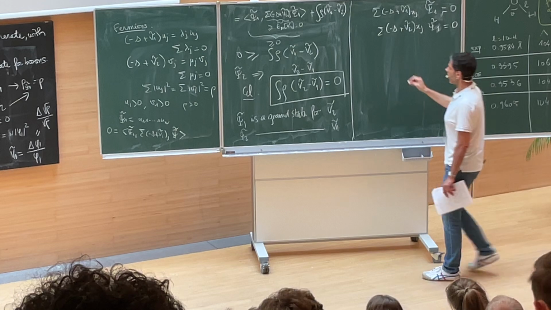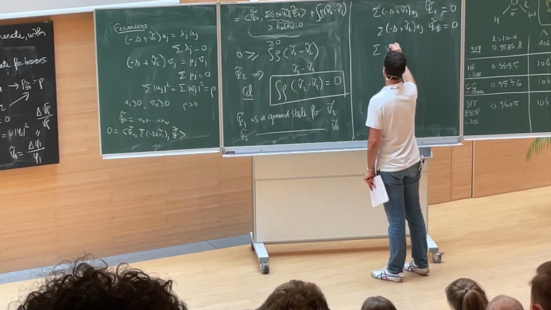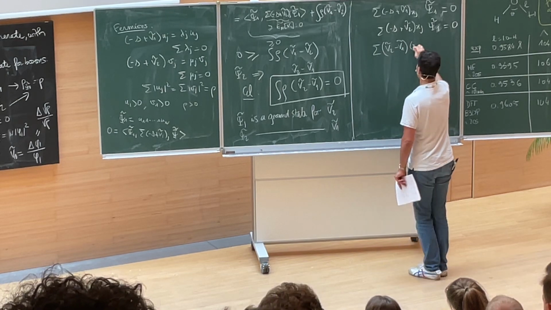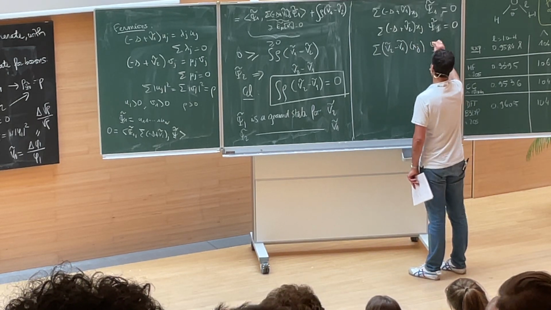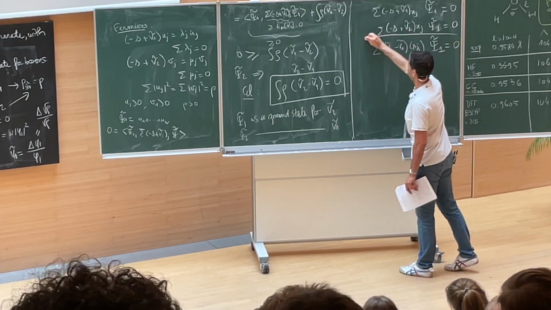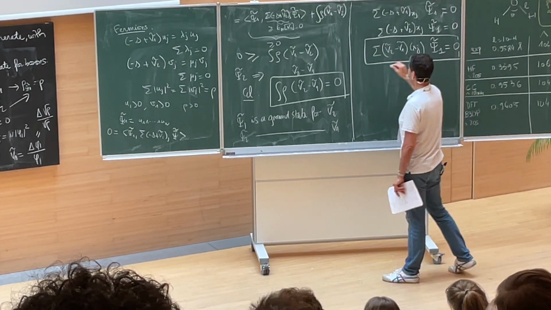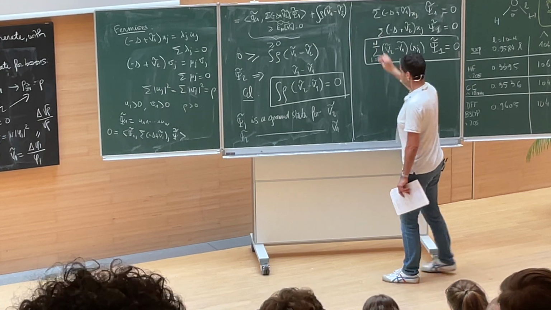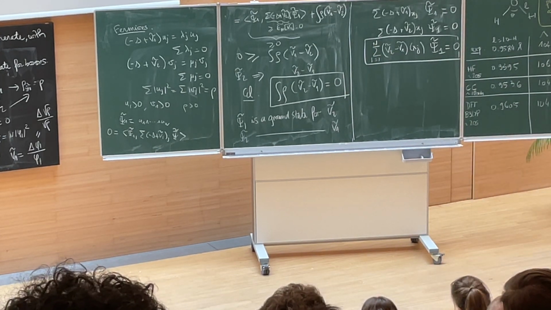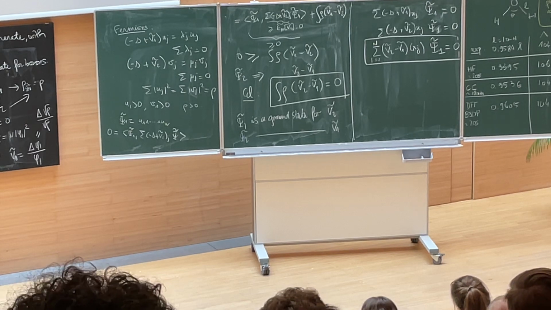Okay, so in particular, I get the property that the sum of V2 theta minus V1 theta of x-ray times psi theta 1 is 0. Okay, so psi 1 is also a kind of eigenfunction for this multiplication operator.